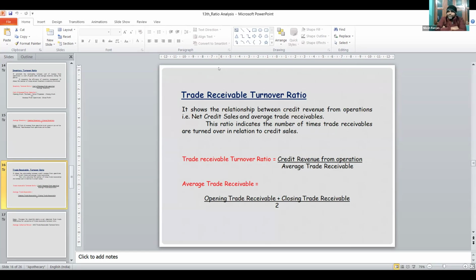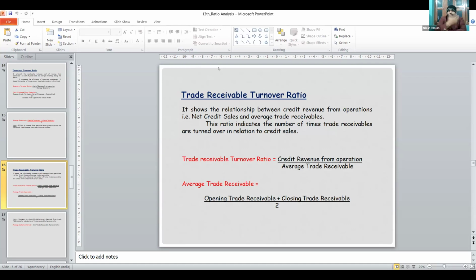It shows the relationship between credit revenue from operation, that is net credit sales, and average trade receivable. This ratio indicates the number of times trade receivables are turned over in relation to credit sales. How much credit sale we are making in a year and how much we are able to collect from the debtors.